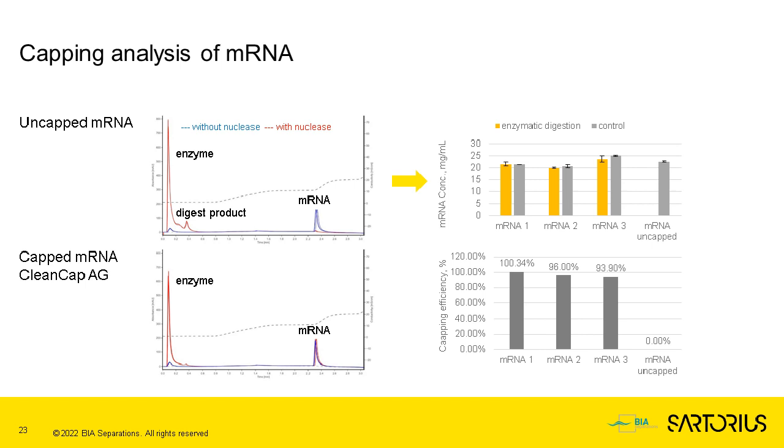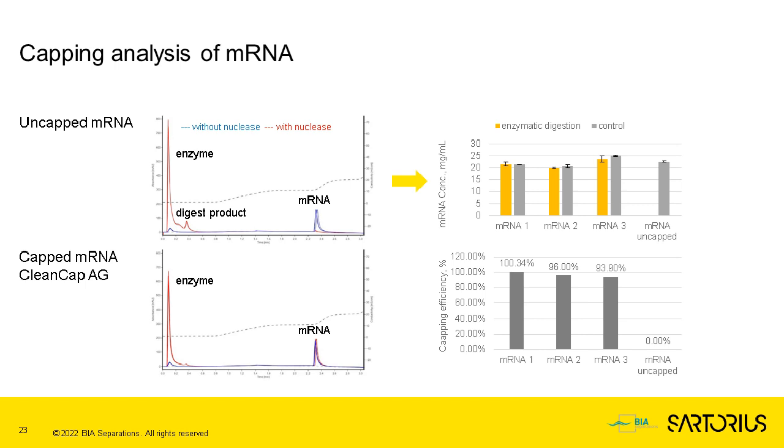So we have analyzed here, for example, 3 mRNA sequences capped with CleanCap AG and determined really high percent of capping efficiency on those mRNA materials. When we compared it to mRNA that was not produced with a capping reagent, the RNA was completely digested.